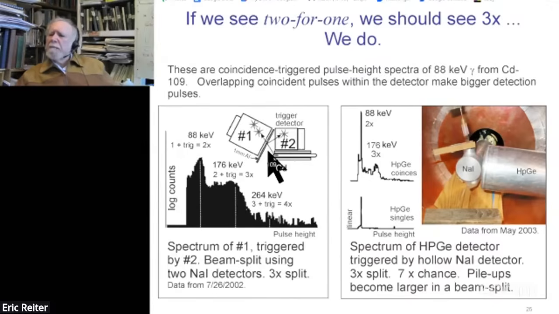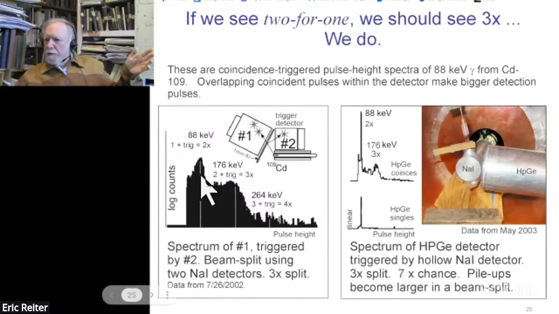This setup is a triggered coincidence pulse height histogram that gets used in other experiments as well, but I wanted to show it. You get to analyze the property of the beam splitter. The beam splitter is a thin layer of metal in front of this detector. So the trigger is what bounces off in this case.